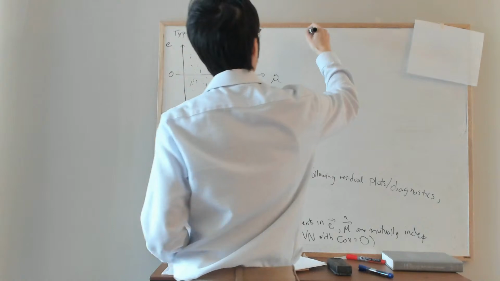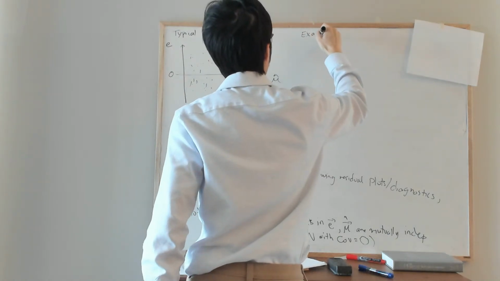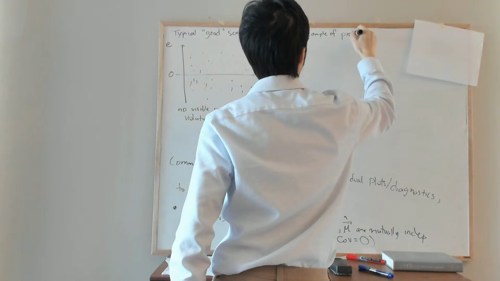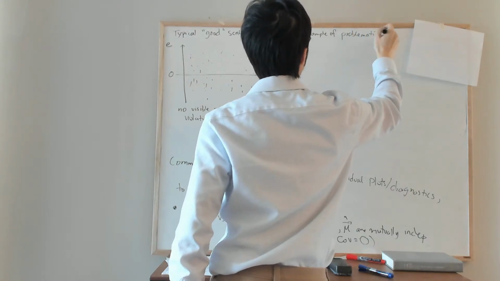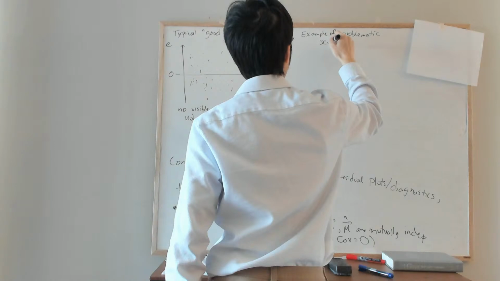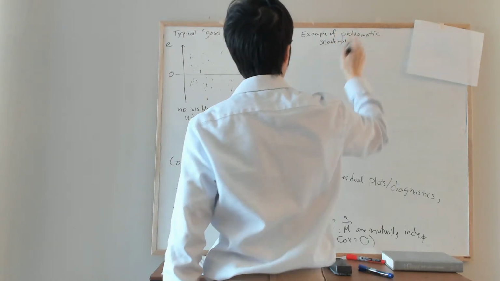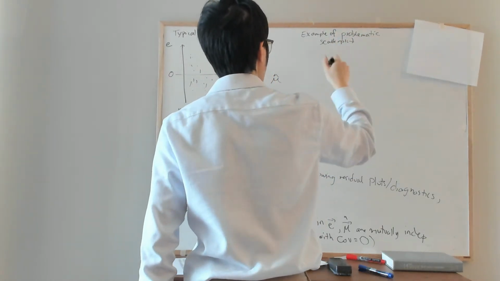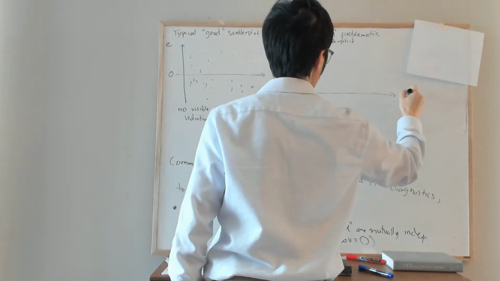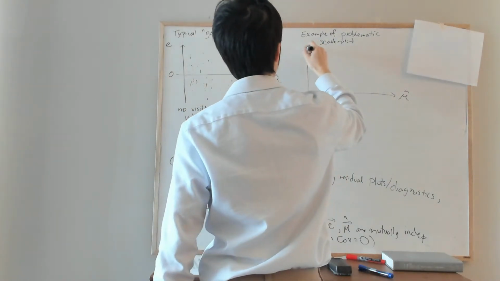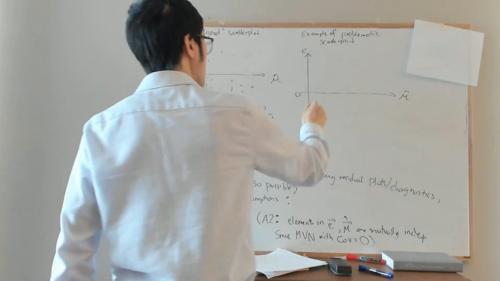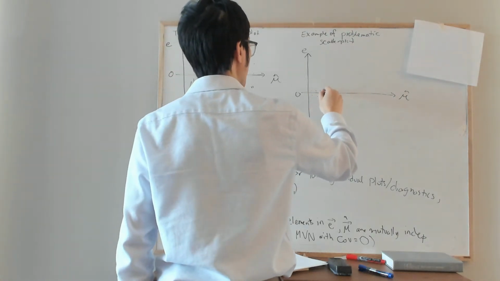Here's an example of a problematic scatter plot. Let's again set up the fitted values and the residuals, with 0 here.